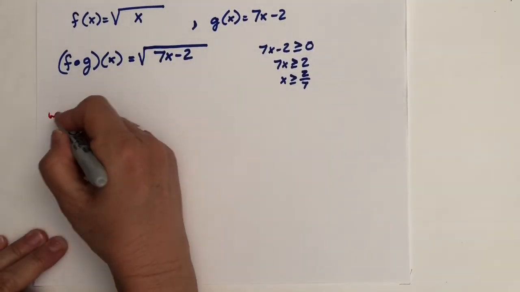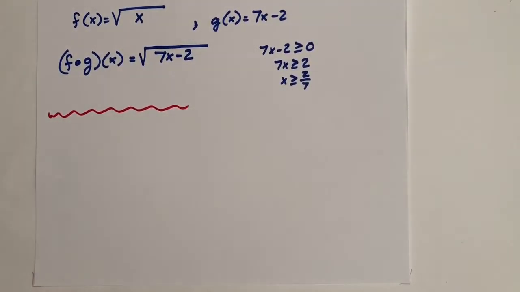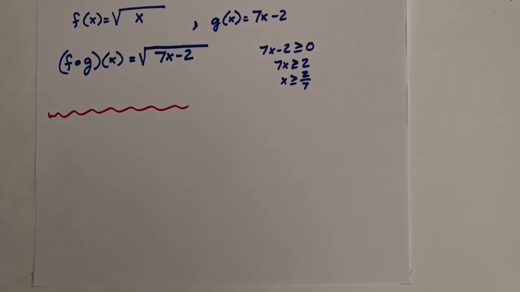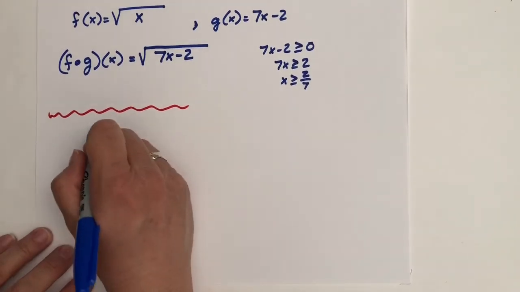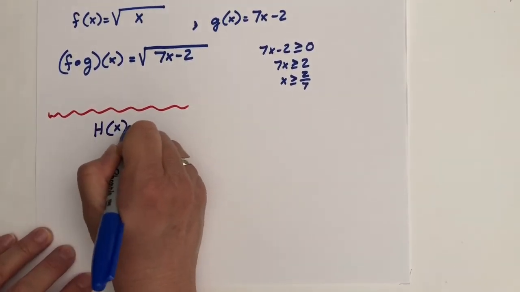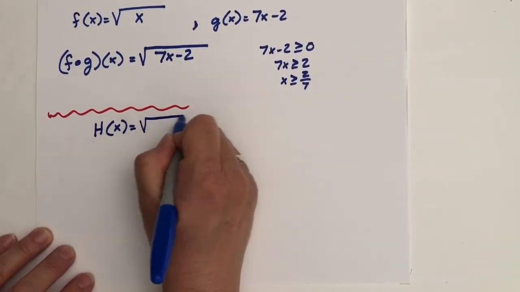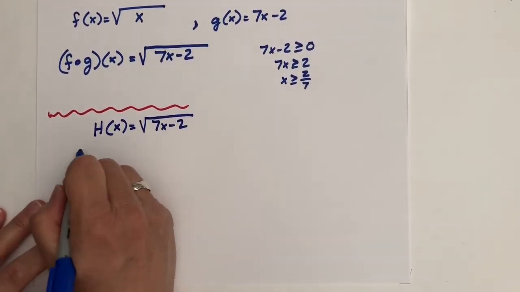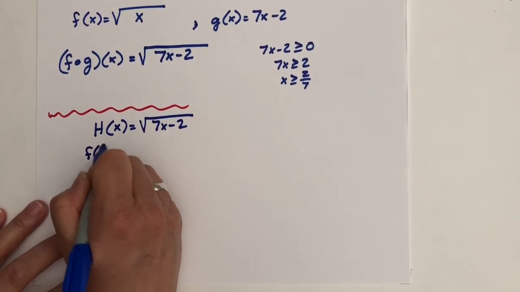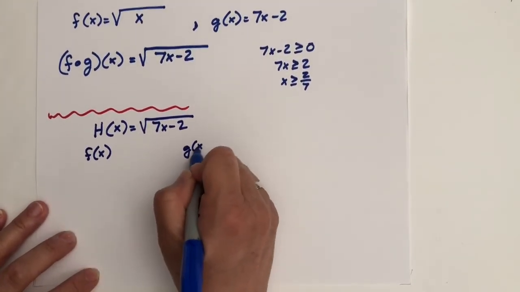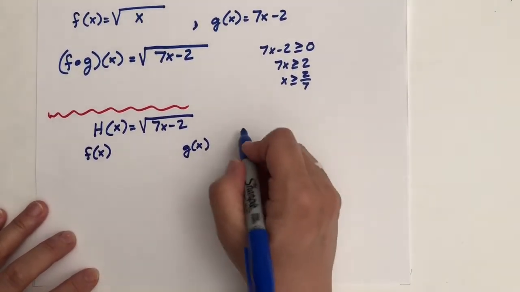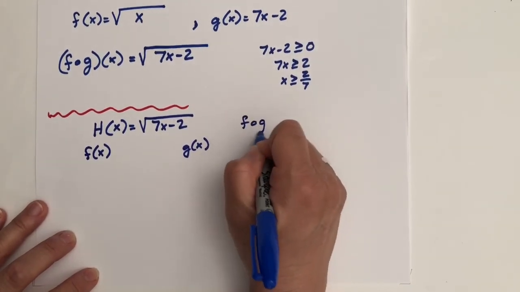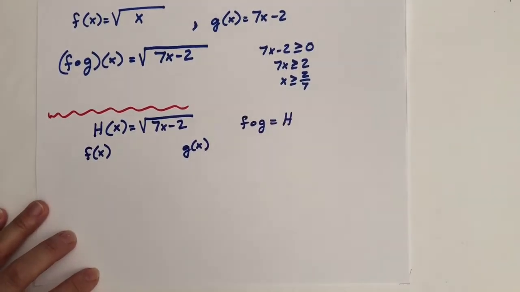Suppose, and this is actually an important idea that comes up in later classes, I had given you the function h of x equal to the square root of 7x minus 2, and I said I'd like you to come up with f of x and g of x so that f composed with g would equal that h function.